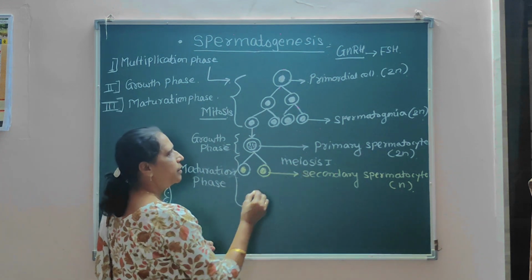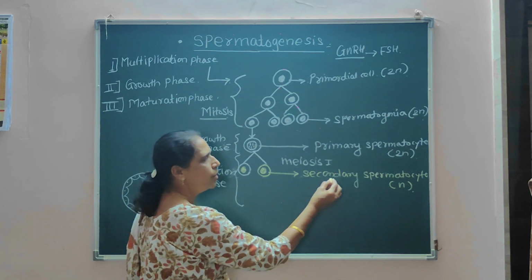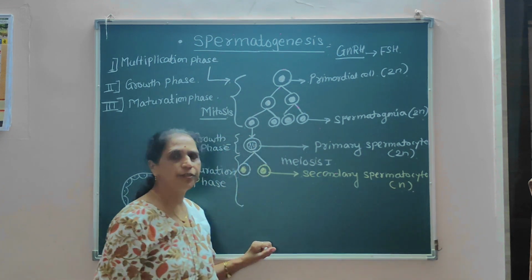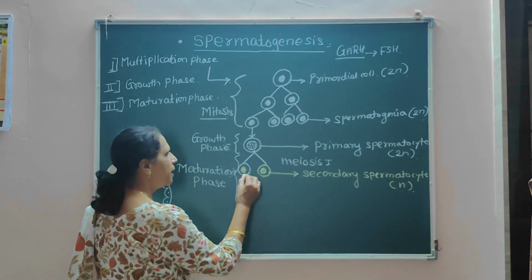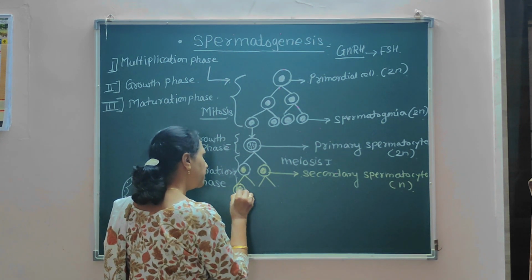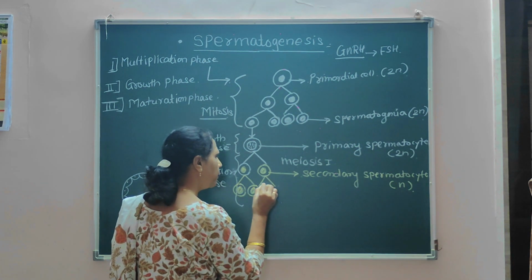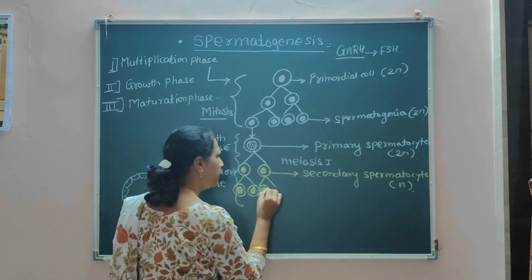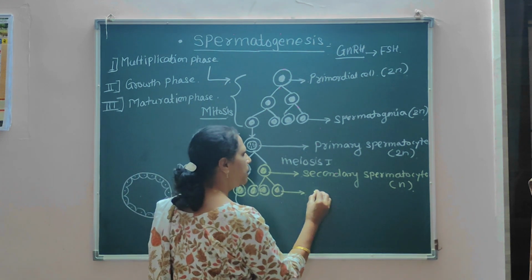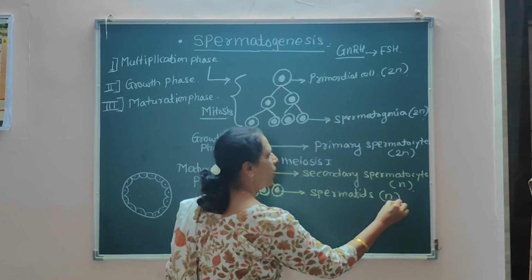So from primary spermatocytes, meiosis first takes place and it forms secondary spermatocytes, which are haploid, with 23 chromosomes. They again undergo meiosis second, the second phase of meiotic division, which forms 4 spermatids. These spermatids are haploid in nature.